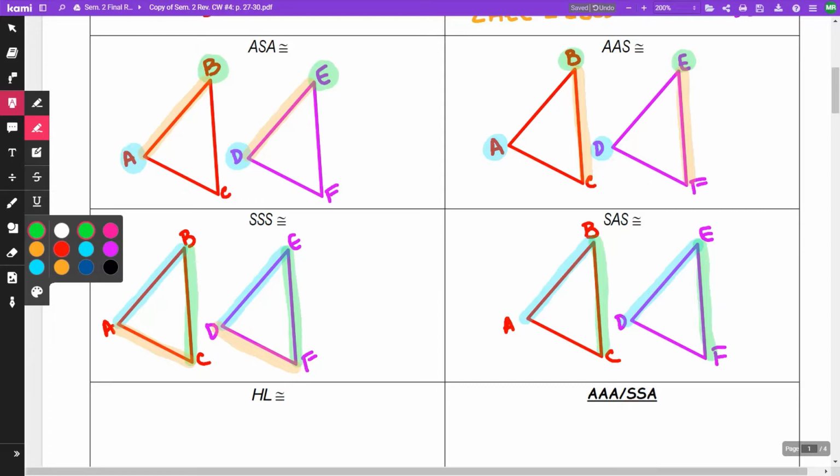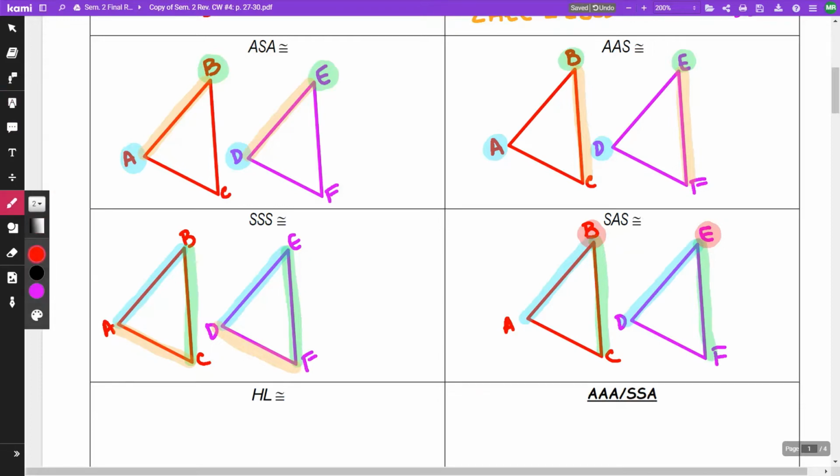So the angle I need to know is this angle right here. Okay, this angle right here. That is going to be side, angle, side. I need the angle that's in between. So I need to know this angle if I know those two sides.